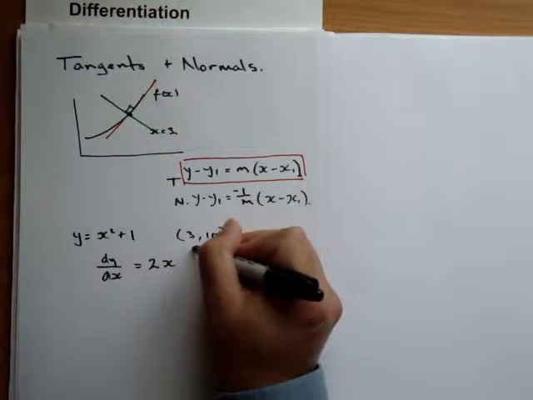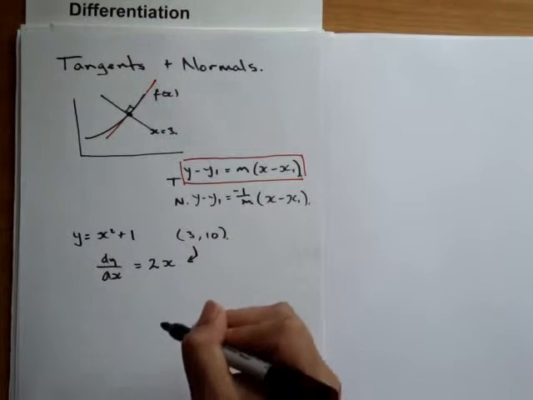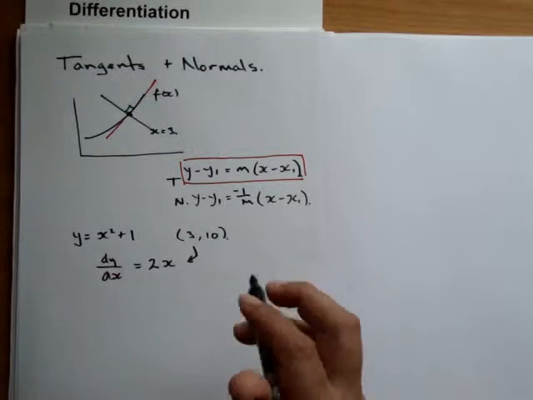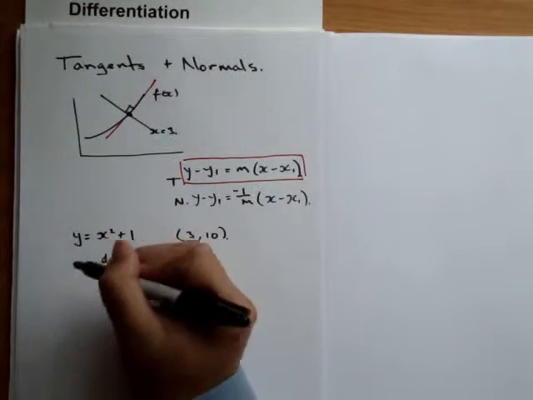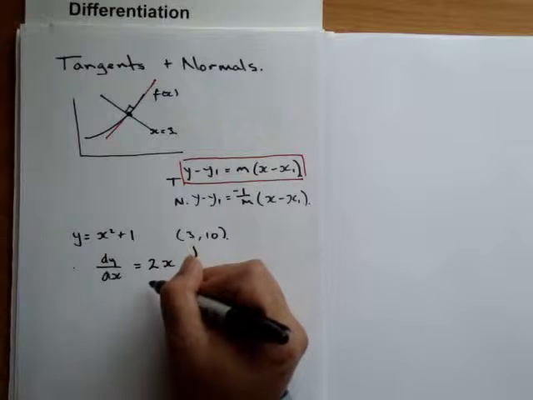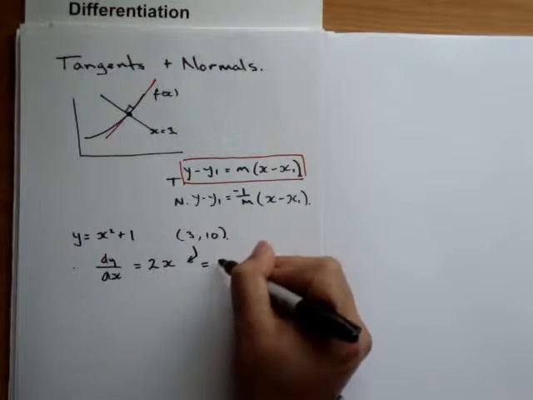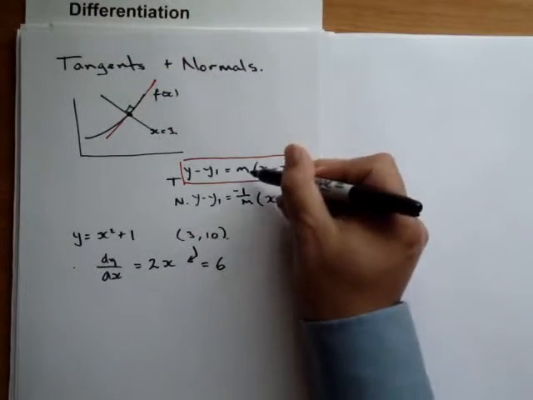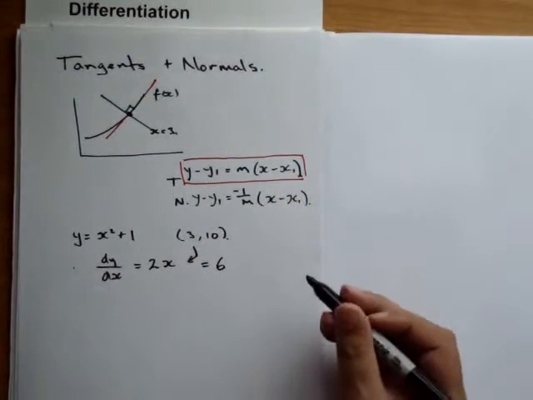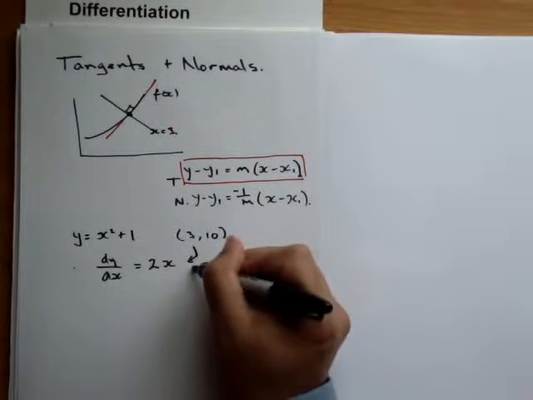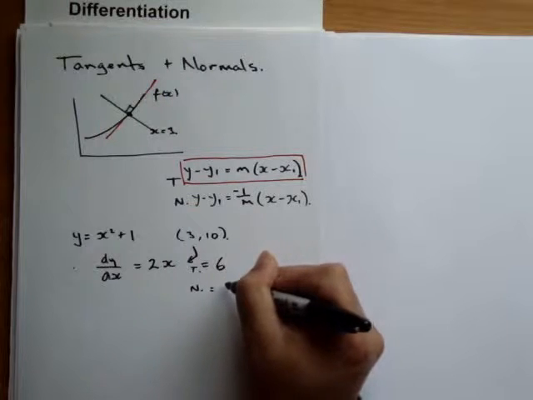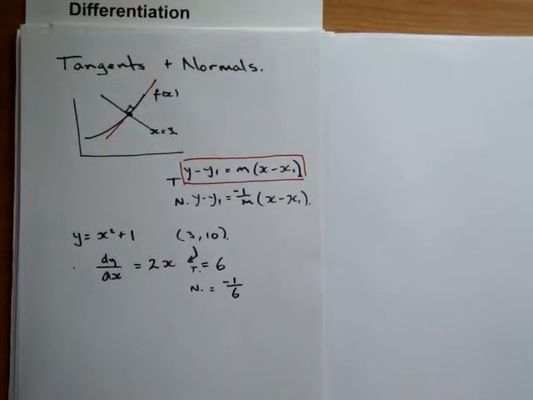So we're putting the x equals 3 into our differentiation equation, which is 2x, and we get 6. So this is our m value in the equation, and that would be for the tangent, and for the normal it would be minus 1 over 6, the negative reciprocal.